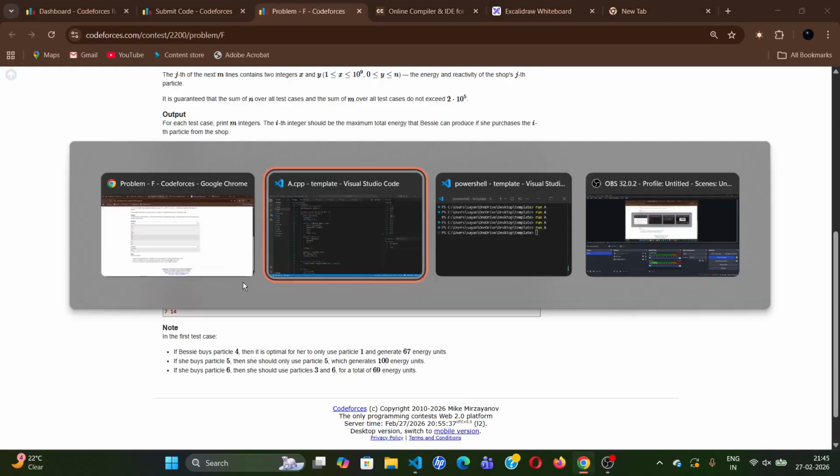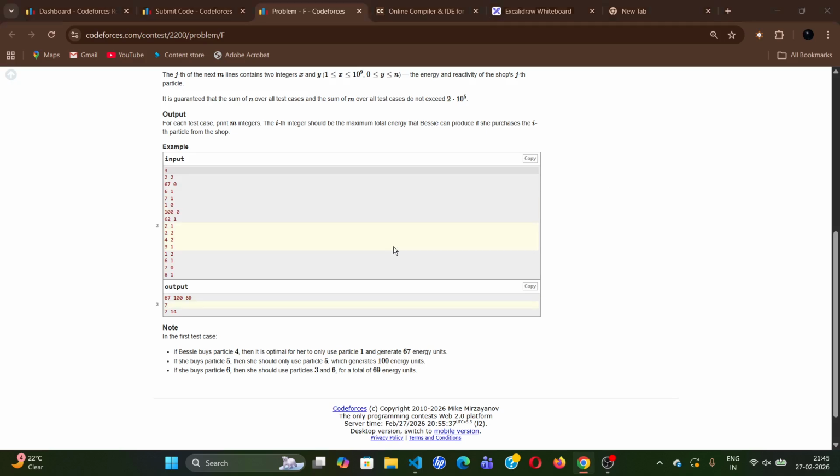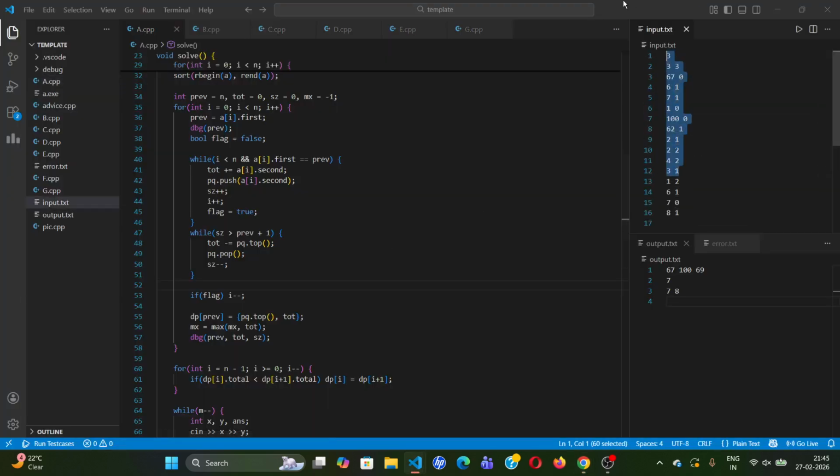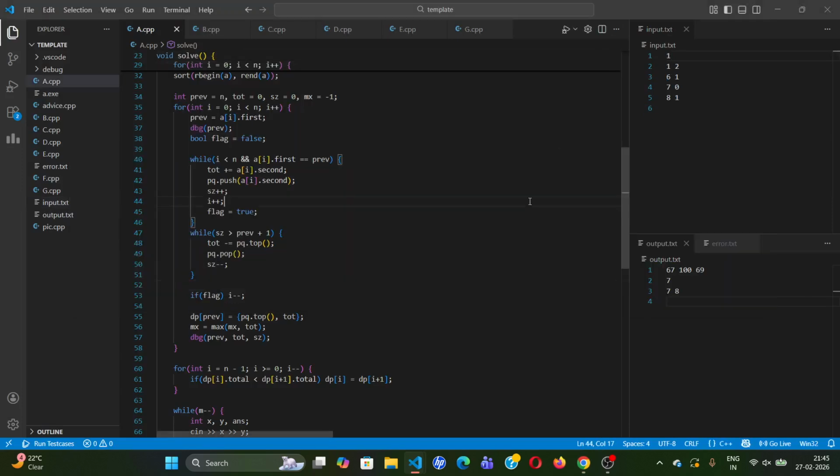714. 6, 1. 1, 6, 1. Okay. Previous is 1. 1, 6, 1.